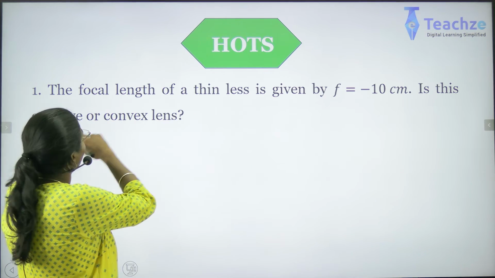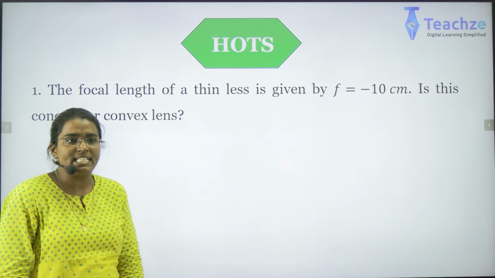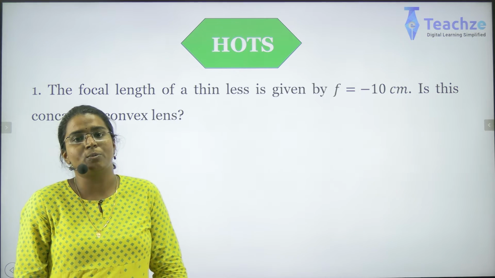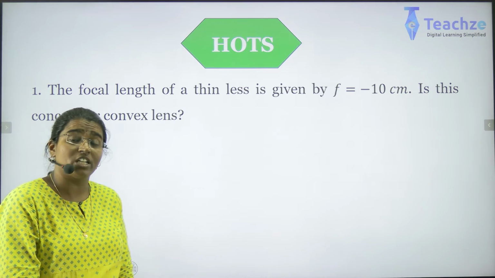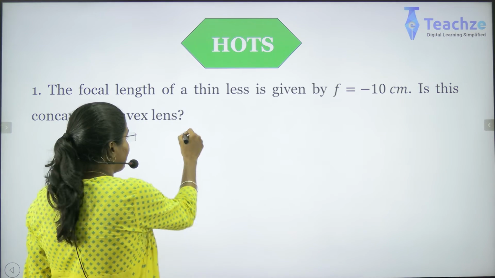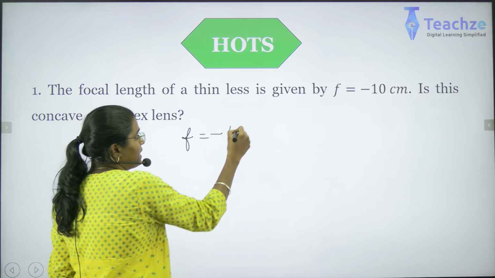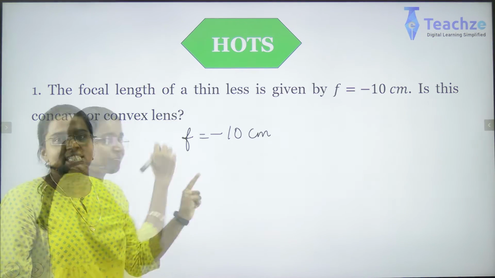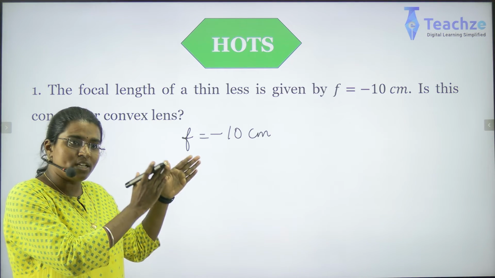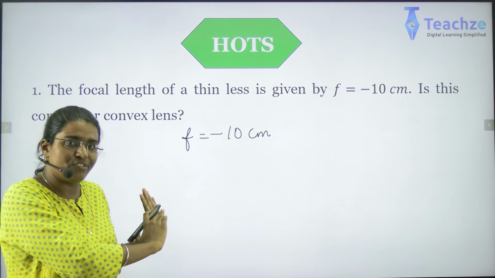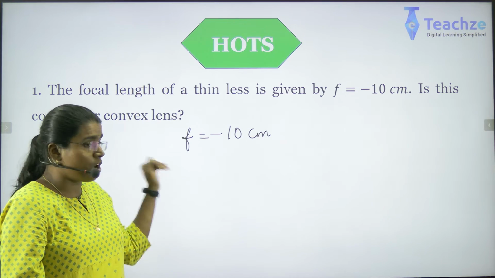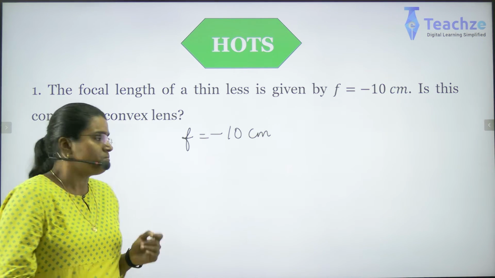The focal length of a thin lens is given by f equal to minus 10 centimeter. Is this a concave or a convex lens? F is minus 10 centimeter, so your focus is on the negative x-axis. So is it a concave or a convex lens?